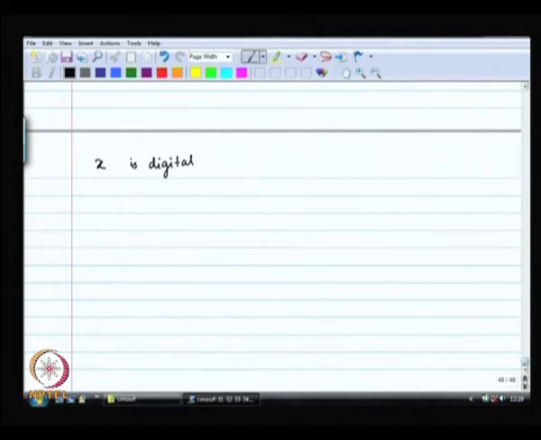Let us say X is digital and it has a lot of bits in it. X is a number like 0.1, 0.2, 0.3. Let us say that number is represented by k bits.